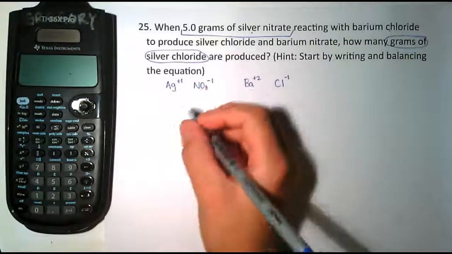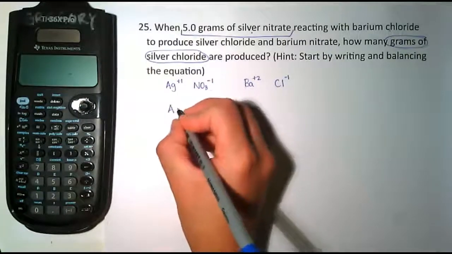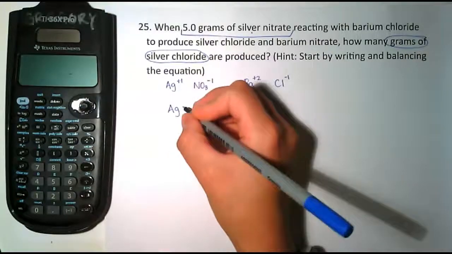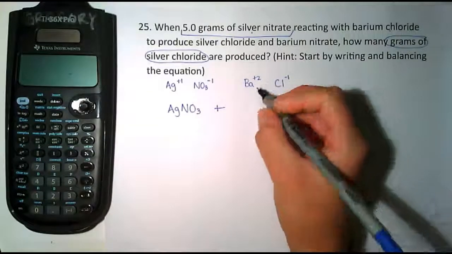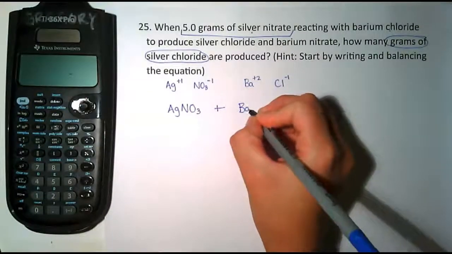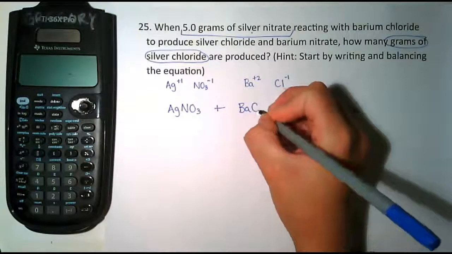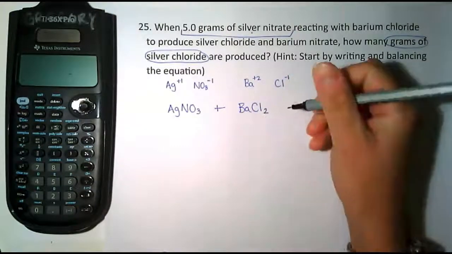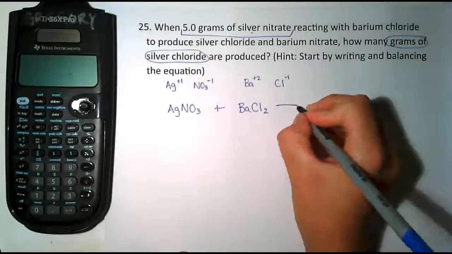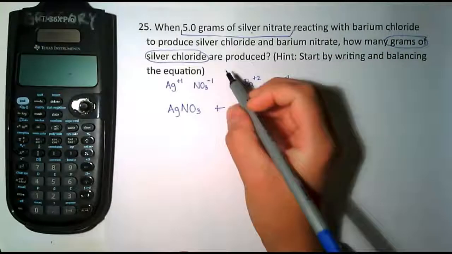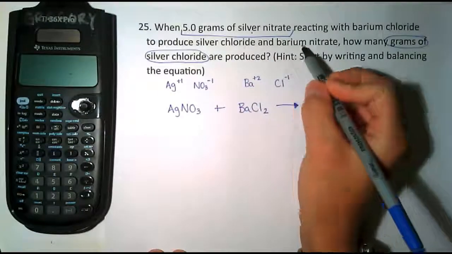So when we get our crisscross, we get Ag1 and then 1 NO3 as well. So AgNO3 is one of our reactants, plus Ba with a 1, and then Cl2. So those are our two reactants, silver nitrate and barium chloride, reacting together to produce silver chloride and barium nitrate.